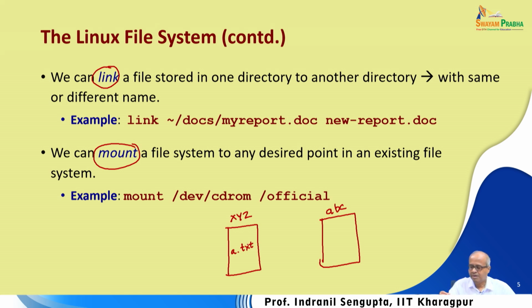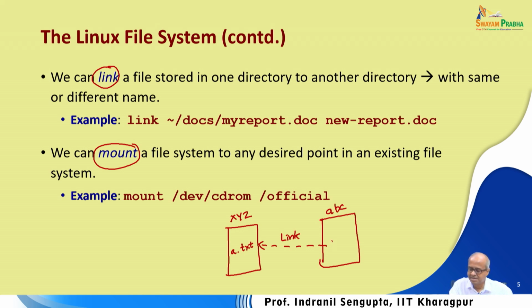Under the ABC folder also I need that same file. I can do it in two ways. I can either copy that a.txt into this folder ABC. If I do copy, then this new file will also be occupying space in disk, so double space will be required. Or alternatively I can create a link, and I can give any other name, not necessarily the same name a.txt.